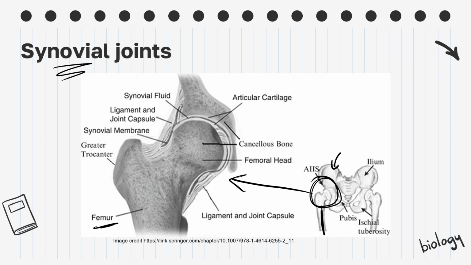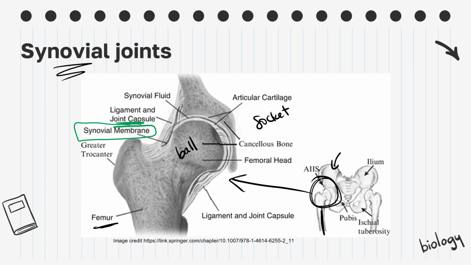Again, we've got the femur. The femur has a super cool shape that has this big ball-like structure, so we actually call this a ball and socket joint, where the top of the femur makes the ball and the pelvis makes the socket, so that we don't have bone grating on bone. Some of the adaptations we have in our synovial joint include a synovial membrane, which encloses our joint capsule.